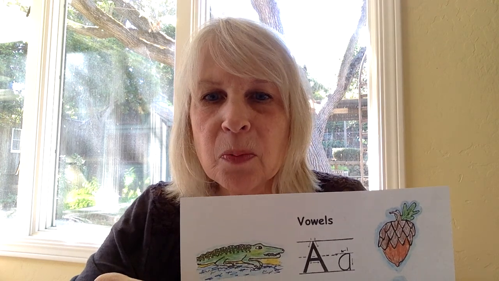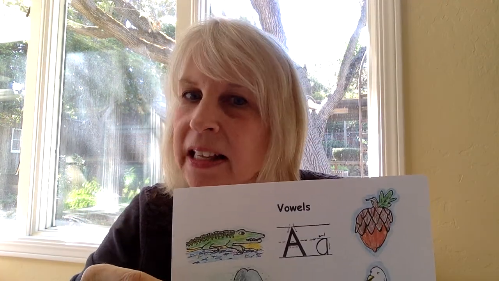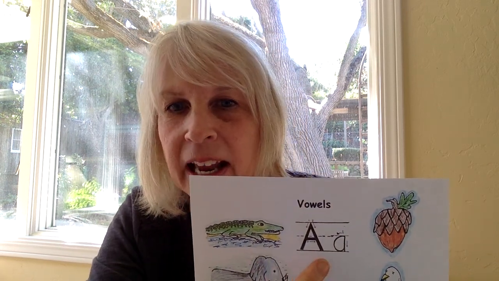So if you're a little uncertain, like what does that mean, short and long, remember we had a chart that looks like this, and just with the letter A, short A is A like in the sound at the beginning of the word alligator, and long A is when A gets to say its own name, like in the word acorn. So there you go.